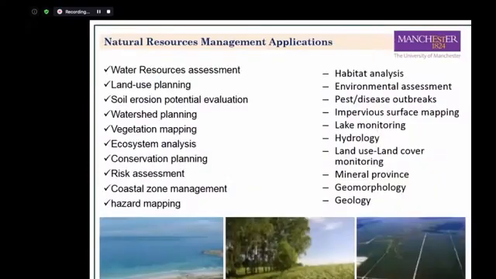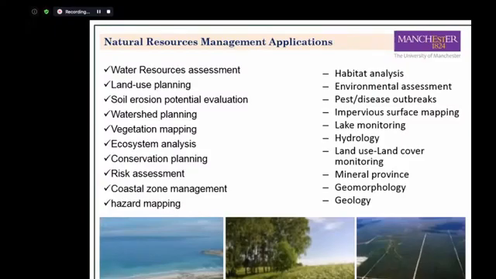Okay, so now, first I told you that the maximum use of GIS is in natural resource management and applications, because this is an environmental science faculty and geography department.